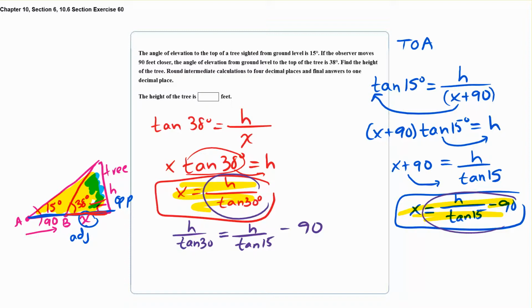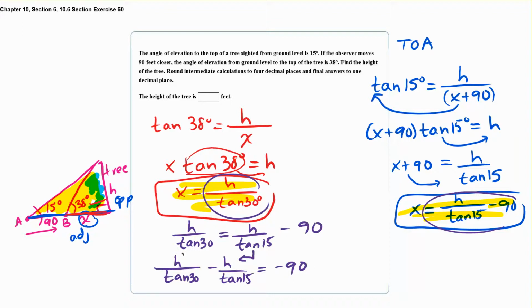So to solve this one, let's go ahead and get our fractions that have an h on the left side together. So I'm going to subtract this one over. h over tangent 38 minus h over tangent 15 is equal to negative 90.